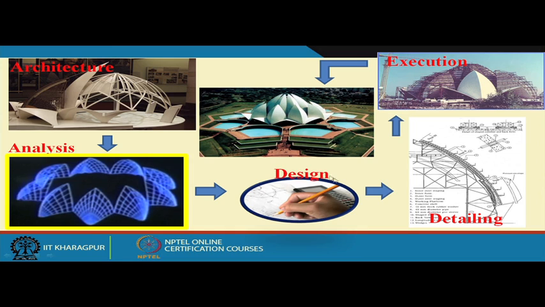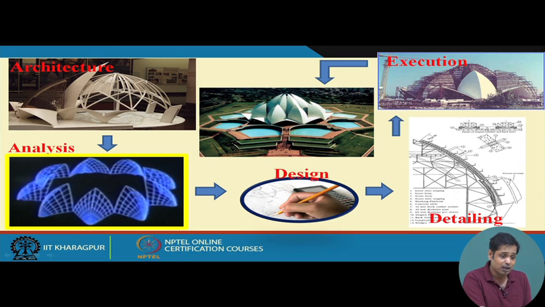Right. Now, once the design is done, that design is to be translated into a language that can be understood by the person who will actually be executing our design, and that is drawing. You might have heard in your engineering drawing course that drawing is the language of the engineer. So, we write our design in a language that can be understood by the people who will be executing it.